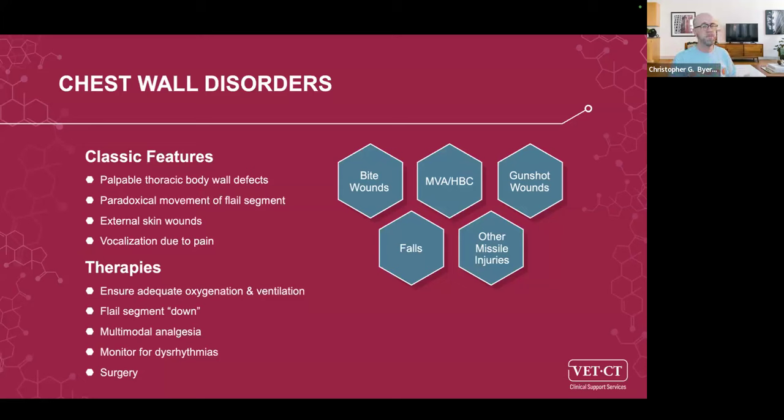Interestingly, many of these patients with flail chests, for example, do not need surgical stabilization. We only pursue surgery for flail chest when they aren't responding to typical medical interventions. And of course, there are many different ways to stabilize that flail segment.